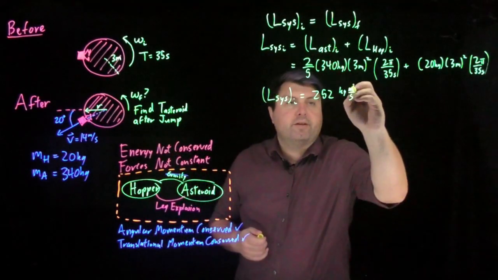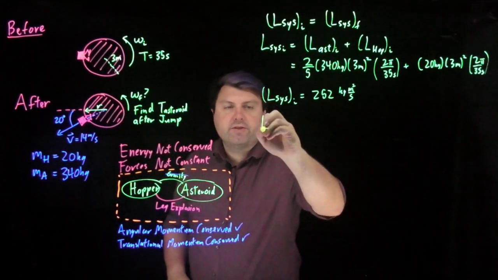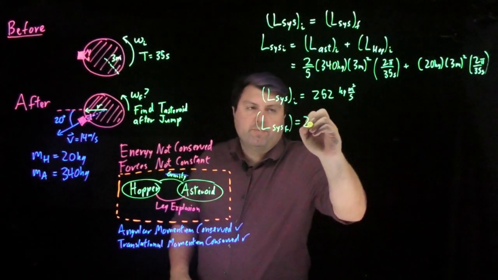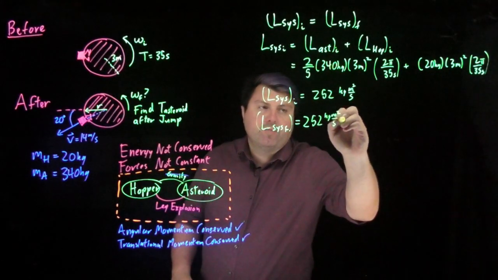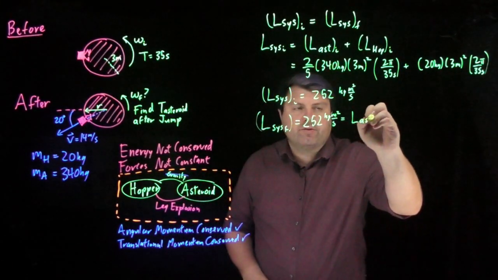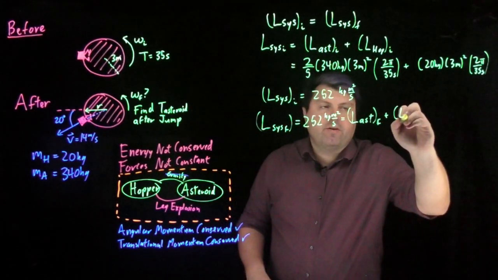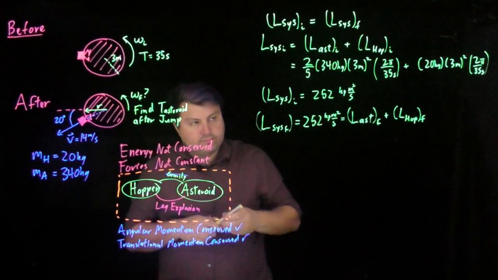Meters squared per second. And so then we know that the angular momentum of our system final must be equal to 252 kilogram meters squared per second. And that must be the angular momentum of our asteroid final plus the angular momentum of our hopper final.